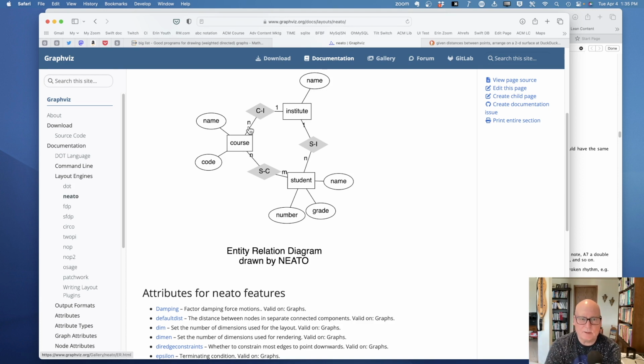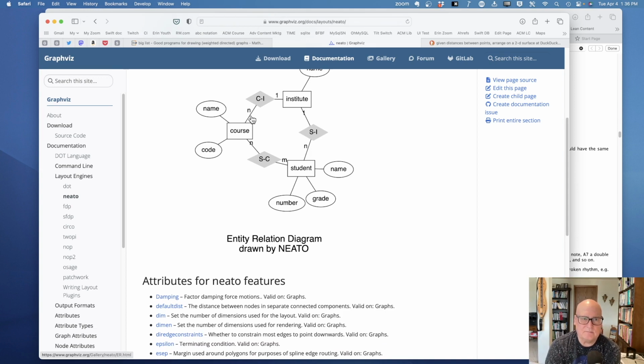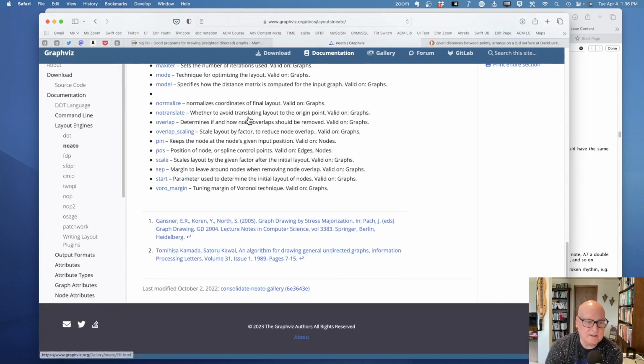The distance between the points is determined by that natural distance. Then you try to adjust the graph in a way that minimizes the amount of stretching or compressing that's going on.